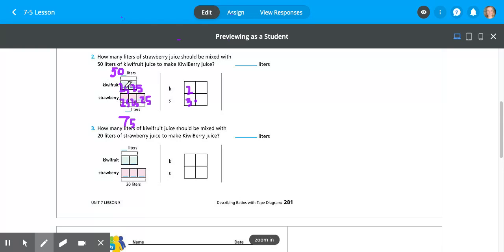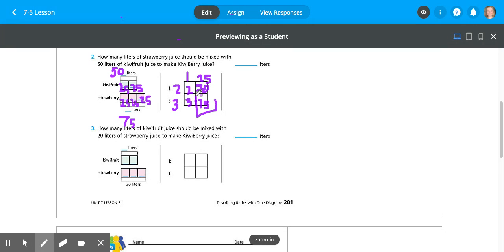So I put those in, and now we have 50, this tells us there's 50 liters of kiwi fruit juice. So now we solve our factor puzzle. So again, we have our 1, our 2, our 3. 50 divided by 2 is 25. 25 times 3 is 75.